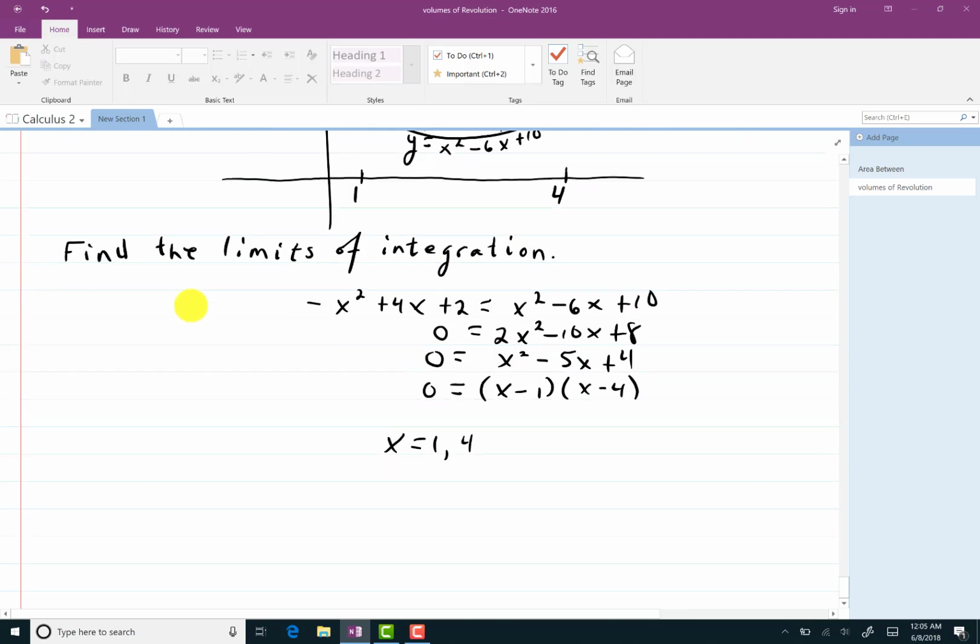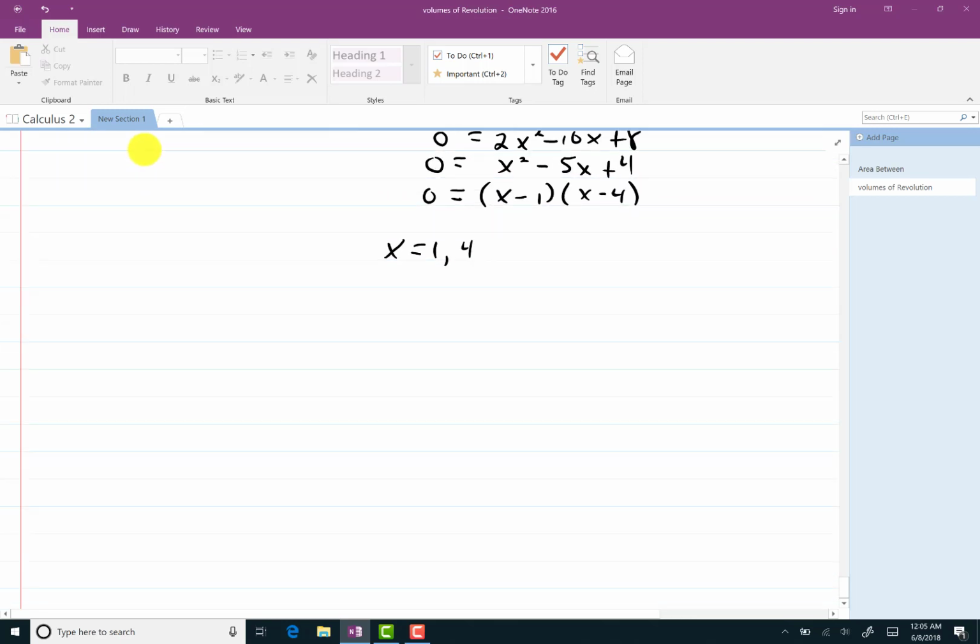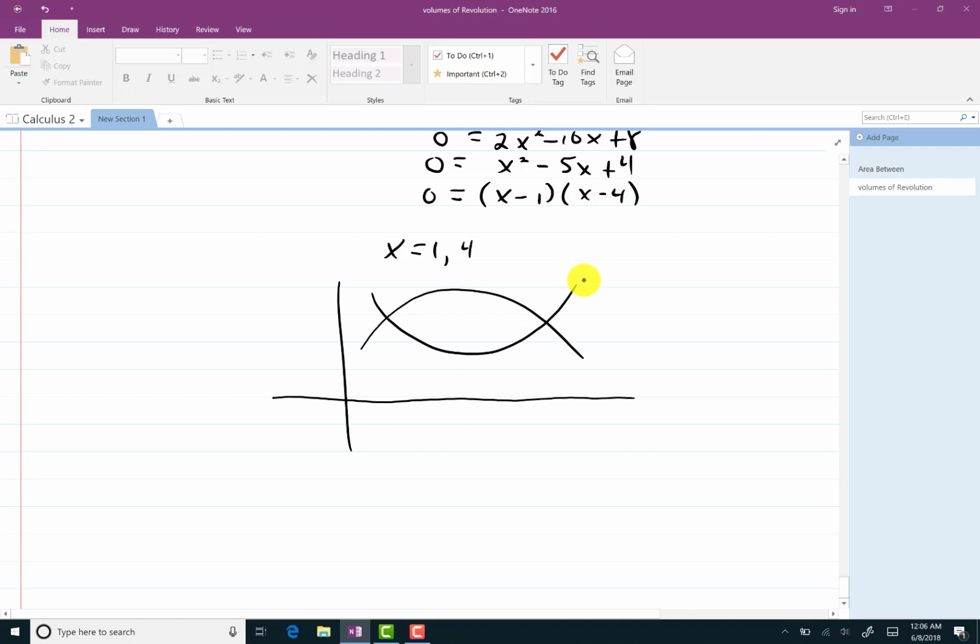Okay, let me redraw my picture so that I can draw my rectangle. Now, we are revolving around a vertical line. In particular, the y-axis is a vertical line. So we're going around that thing. There's our region.